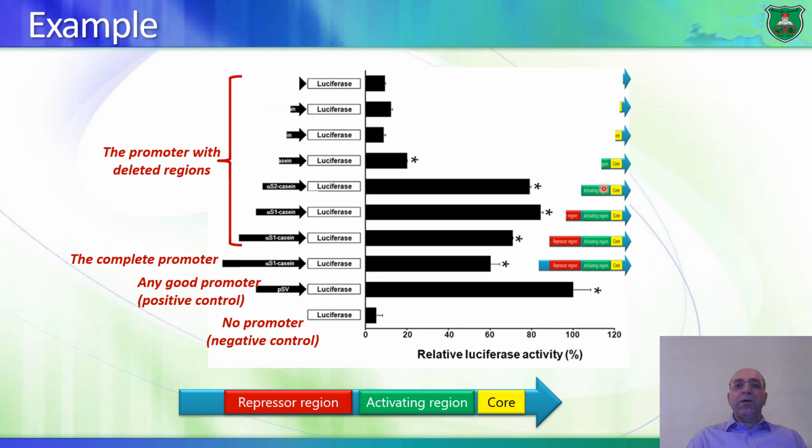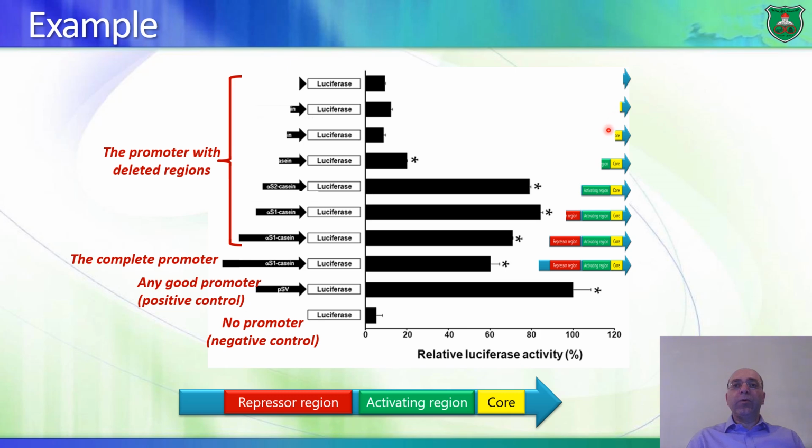This is reported by the expression of the luciferase, which is marked by how much light is produced by these cells. Now we remove more of the activating region, and you can see a huge drop again.